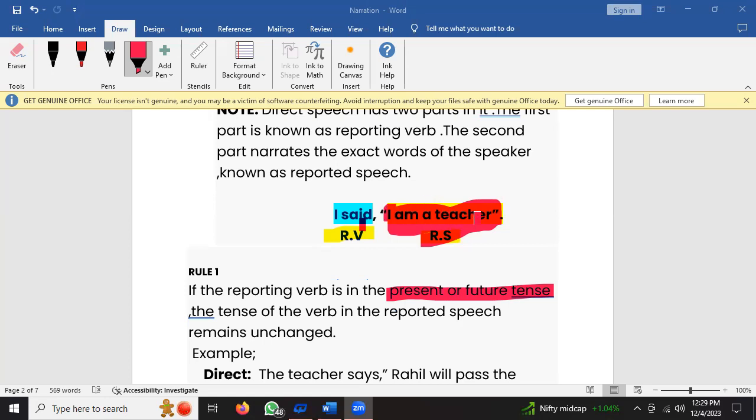Sir, when we are converting it to indirect speech, can we change the tense? No, sir. Why? Sir, because the tense used in the direct speech is present tense, and when we say it in indirect speech, it should be in the present tense.